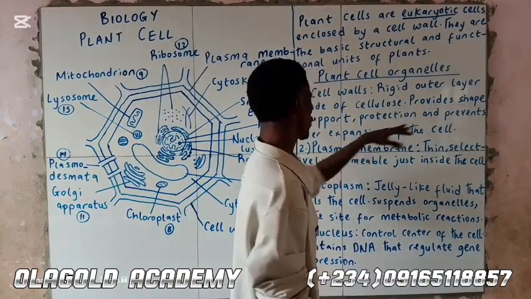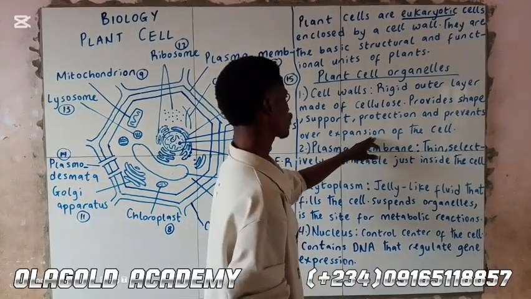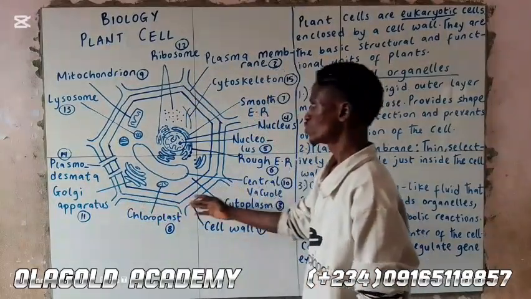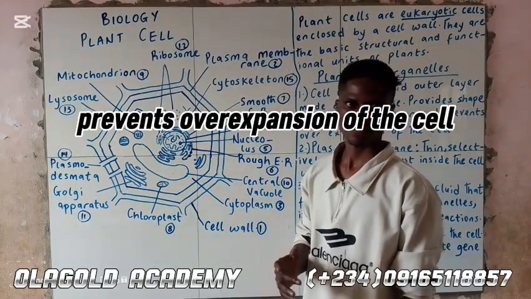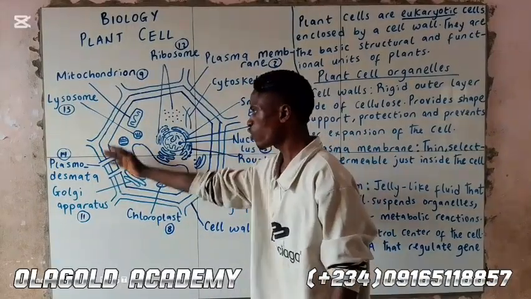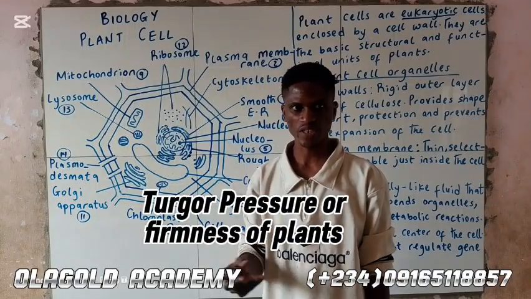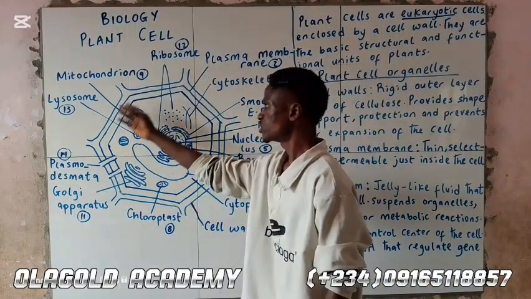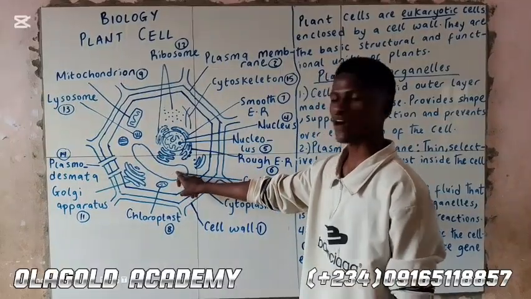They provide shape, support, and protection and prevent overexpansion of the cell. Another thing you should take note of about the cell wall is that it helps to keep turgor pressure, or the firmness of the plants, together with the central vacuole.